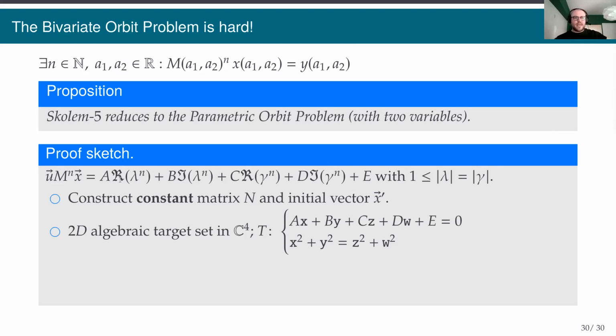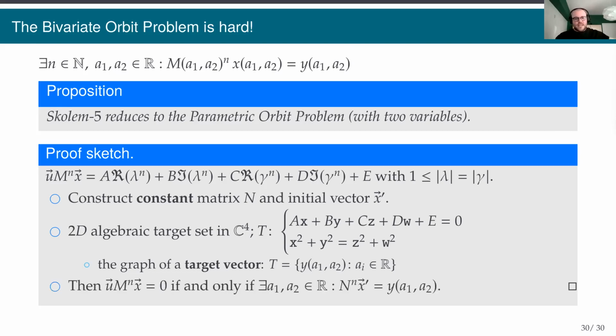So we have the same a, b, c, d and so forth. We want this to equal 0. So that means that you have a zero of this sequence. But we also have the fact that lambda and gamma have the same modulus. So it means that the real parts and the imaginary parts satisfy this equation. And this turns out to be a 2D semi-algebraic set. And reachability to that implies deciding Skolem.